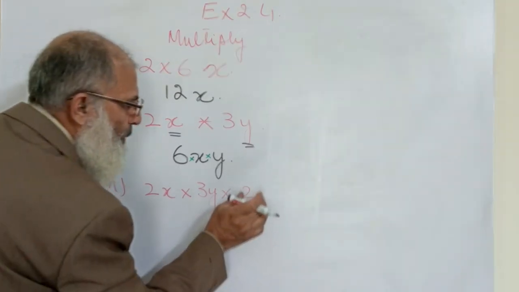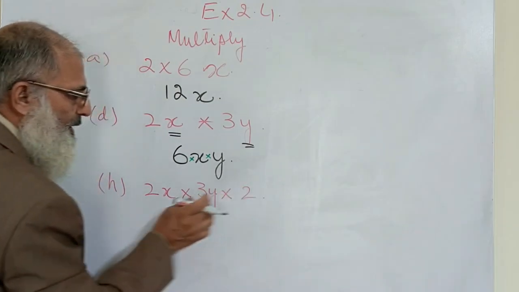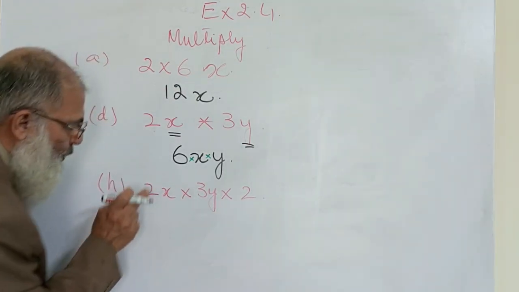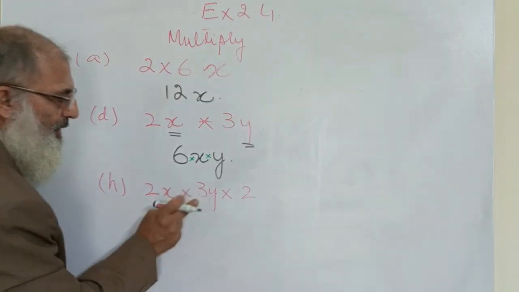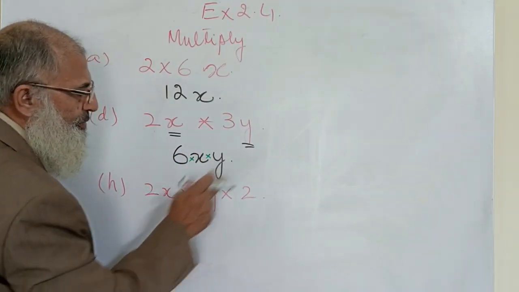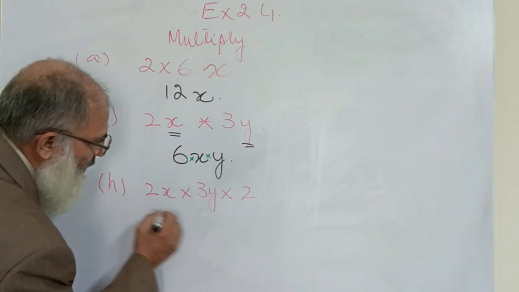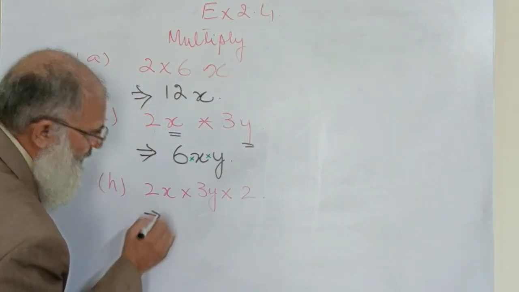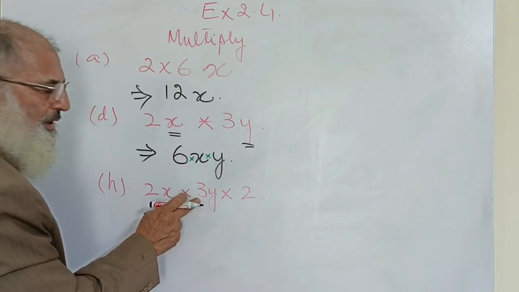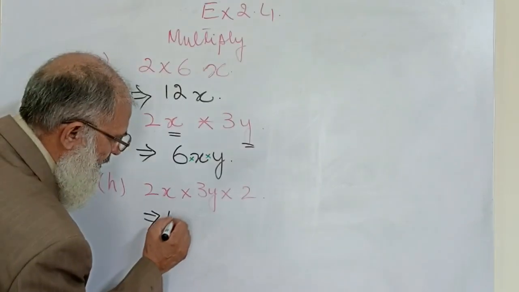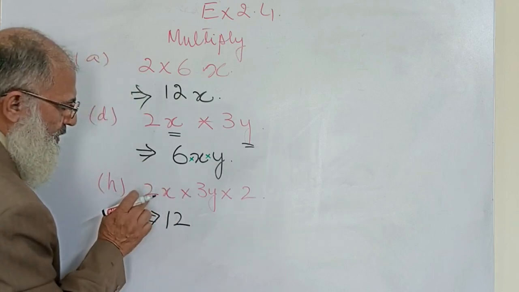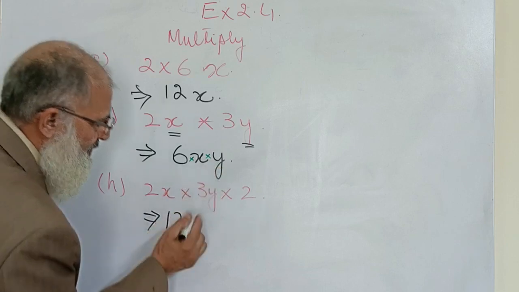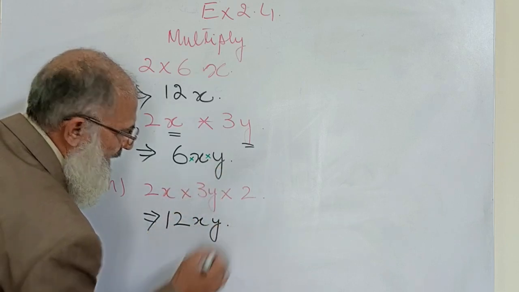We are going to multiply one constant with all these coefficients. So 2 times 3 is 6. 6 times 2 is 12. So it will become 12, and similarly, xy will be written as they are.